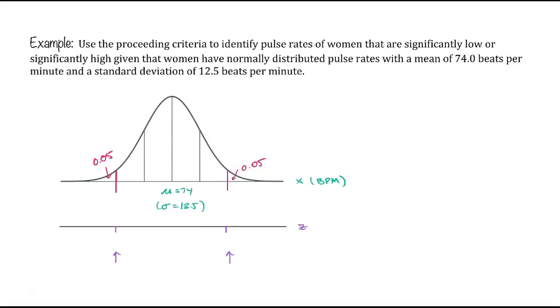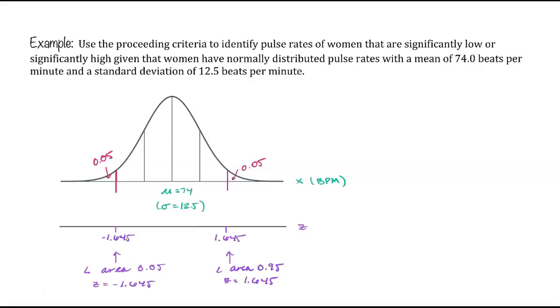Take a look at your z-table. In the negative z-score table, can you find an area that's 0.05? The z-score with a left area of 0.05 is negative 1.645, and the positive z-score that has a left area of 0.95 is positive 1.645.